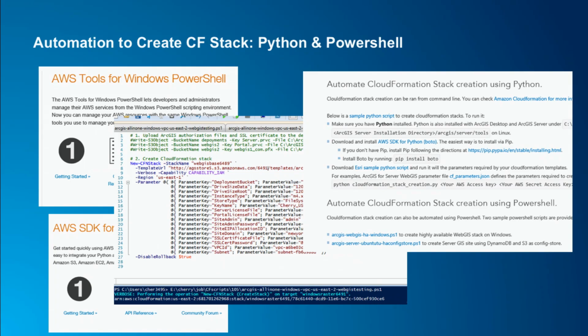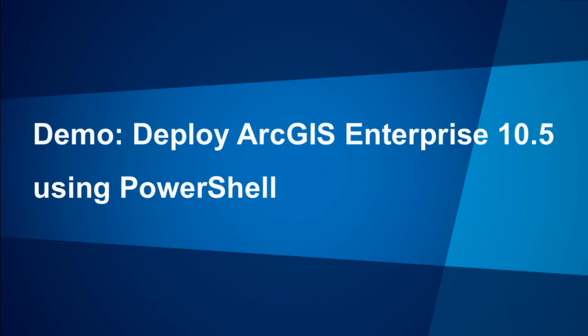These are the scripts that we use internally. I'm going to demo the script I use myself, while our other team uses Python. I know some of you like to automate this workflow as well. So next, I'll quickly show you how I use my PowerShell script to deploy.